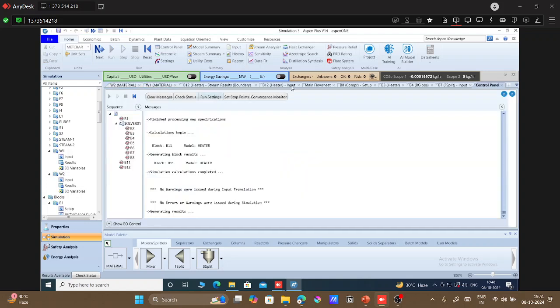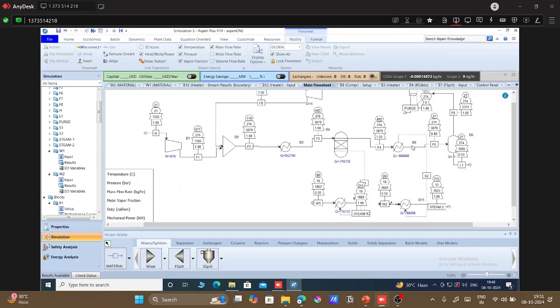Right now what we have done is we have just transferred the heat duty. So that's why there is no pinch point analysis or temperature profile calculation. But here the temperature is from 482 degrees centigrade to 27 degrees centigrade, and this side temperature value is going from 80 to 755.